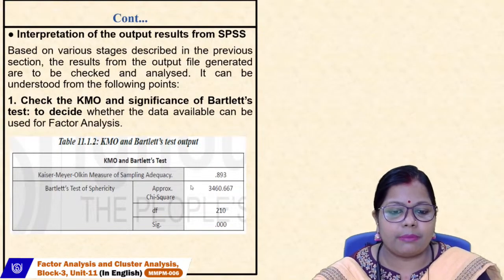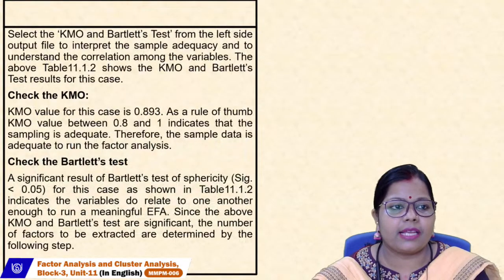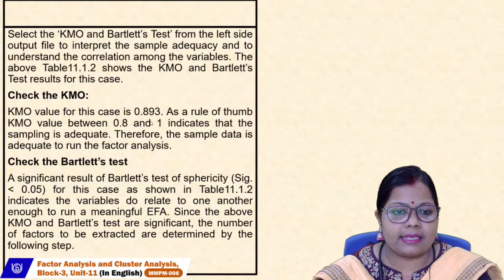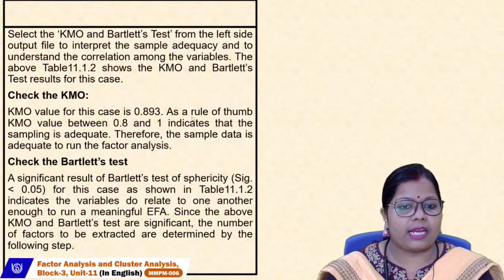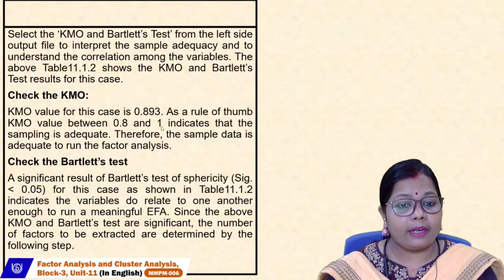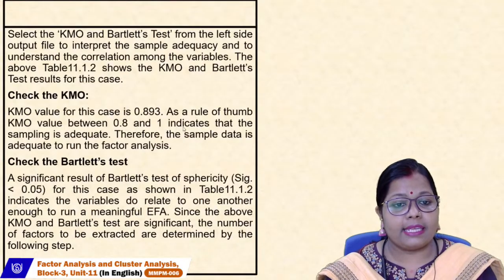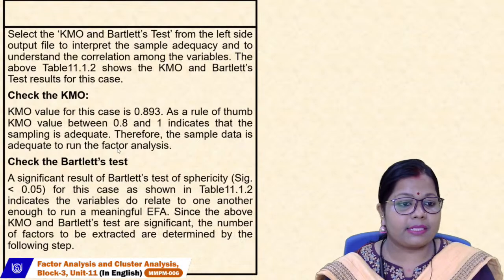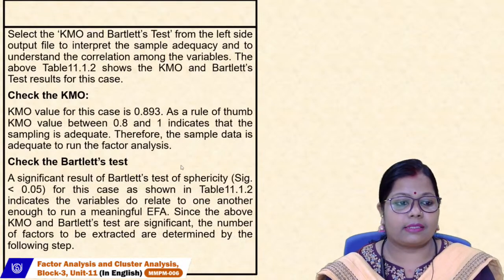As per our table, the value is 0.893. The interpretation I have made here: the KMO value in our case is 0.893. As a rule of thumb, KMO value between 0.8 and 1 means that sampling is adequate. So, our sampling is adequate to run a factor analysis.